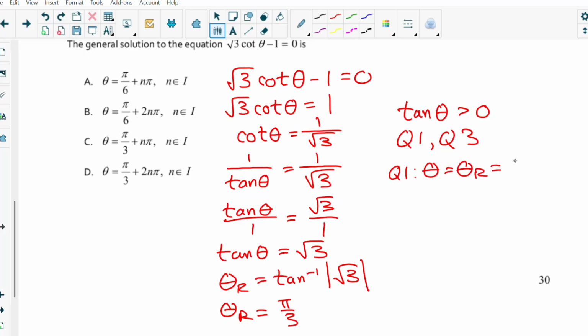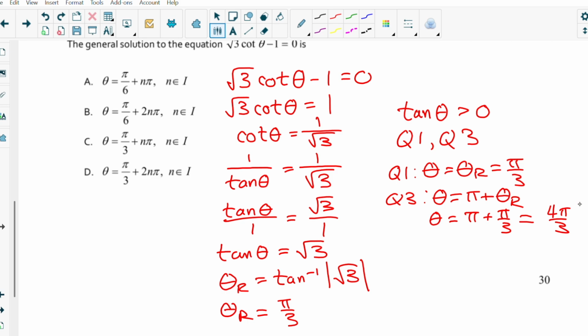So in quadrant 1, I know the angle in standard position is equal to the reference angle, so that's just pi over 3. In quadrant 3, I know that the angle in standard position equals pi plus the reference angle. So the angle in standard position is pi plus pi over 3, and that equals 4 pi over 3.